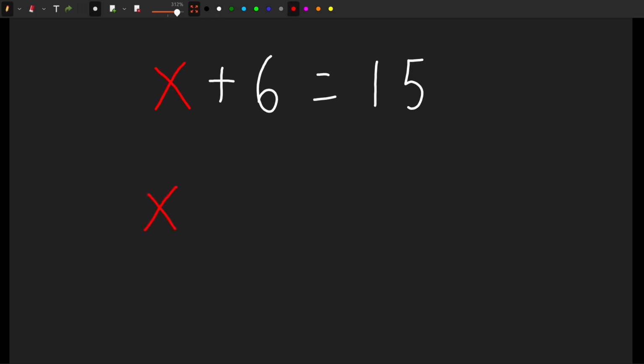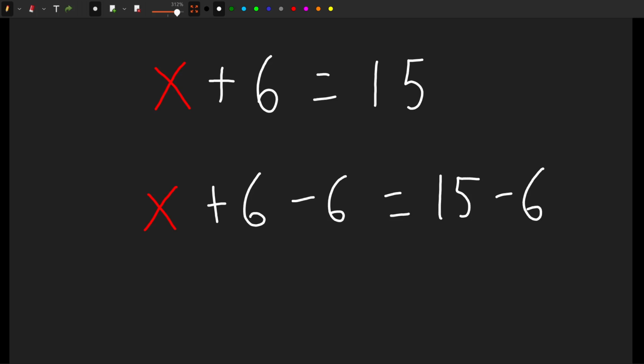So I'll have x plus 6 minus 6 is equal to 15 minus 6. On the left-hand side, 6 minus 6 is 0, so I just get x. And then on the right-hand side, 15 minus 6 is 9.